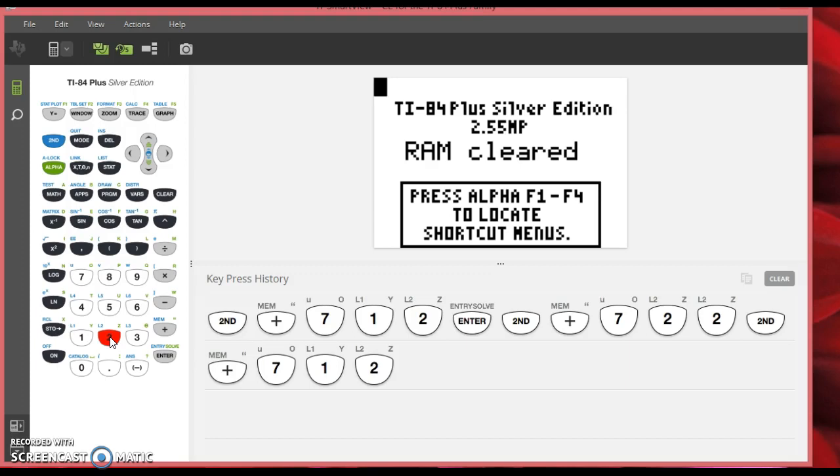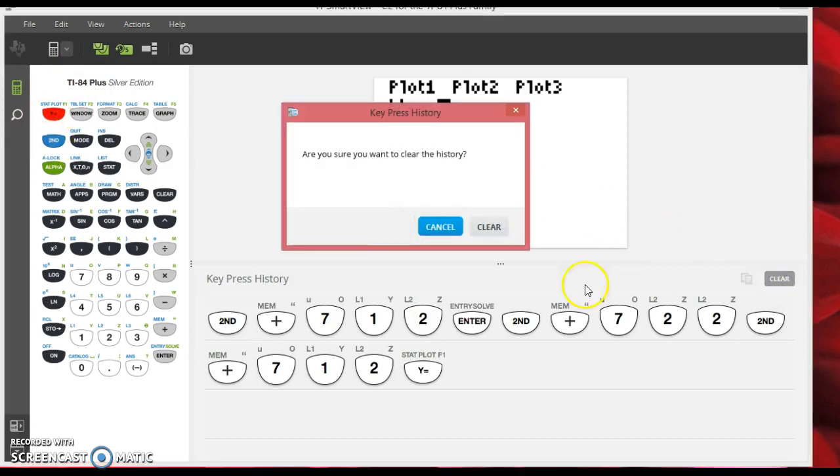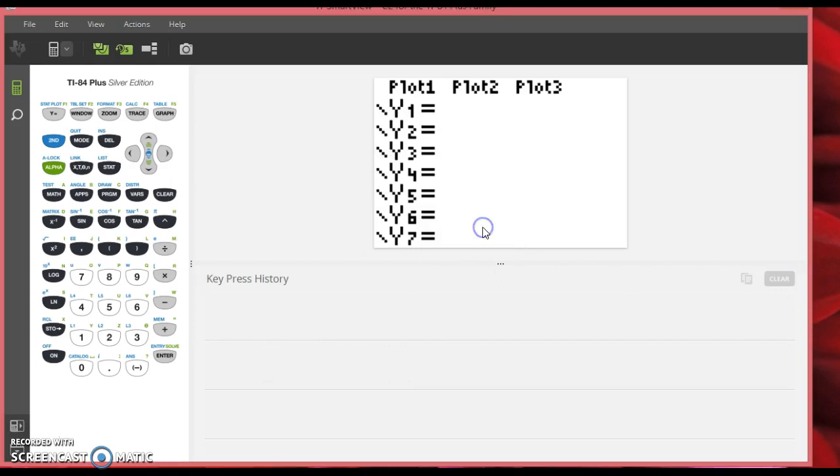Now, a graphing calculator is just what we call it, a graphing calculator. I'm going to show you how to enter a graph. Do you see this y equals button? Hit y equals up here. Now, I'm going to clear my y equals. Now, I'm going to type in a simple function.